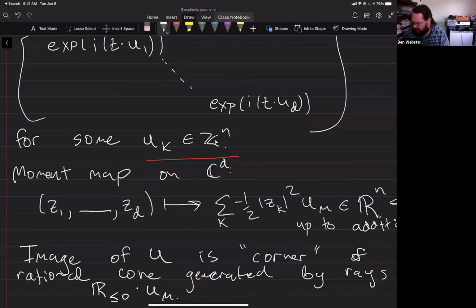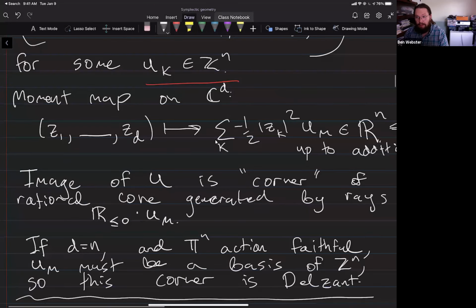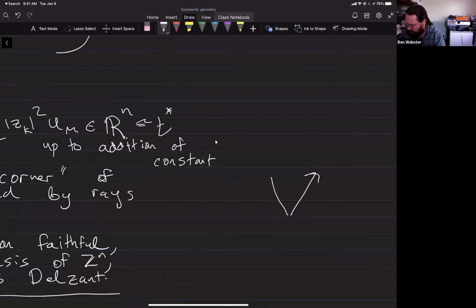All right, so this tells us something rather interesting about the moment map image. The moment map image of that little neighborhood is going to be a rational cone, with the tip, I'm going to have my U1, U2, U3, etc., right? And my moment map image, well, there's that annoying minus sign. So actually I should take minus all of those guys.